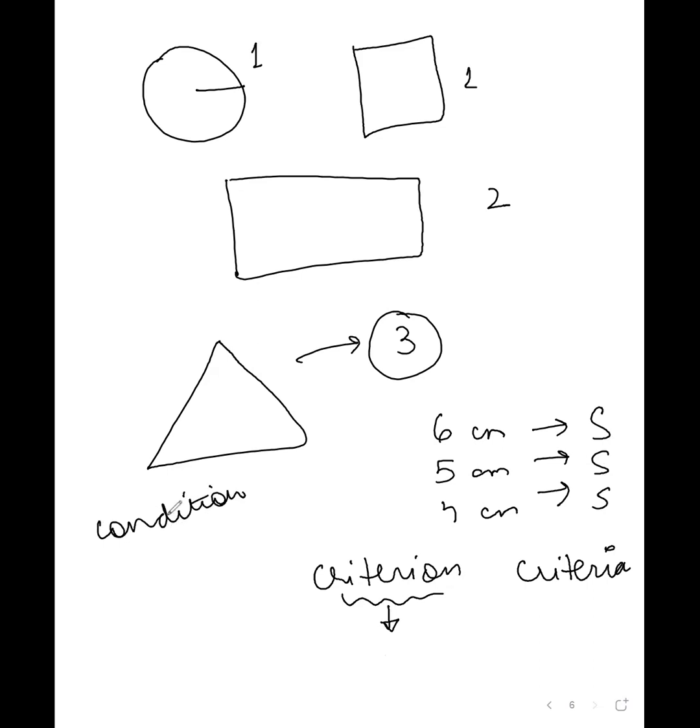Condition in the sense, for example, Hiba, I tell you that you have a particular rectangle and it will be a square. Your rectangle can be a square only under the condition that its length is equal to the breadth.